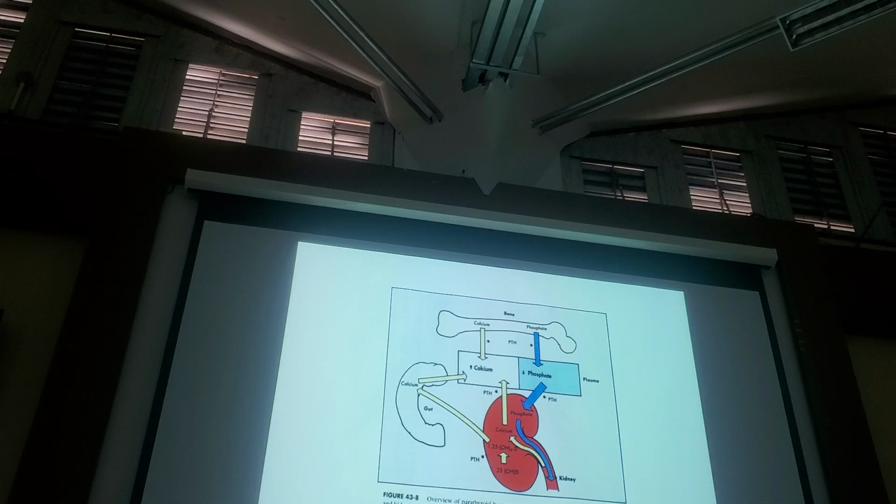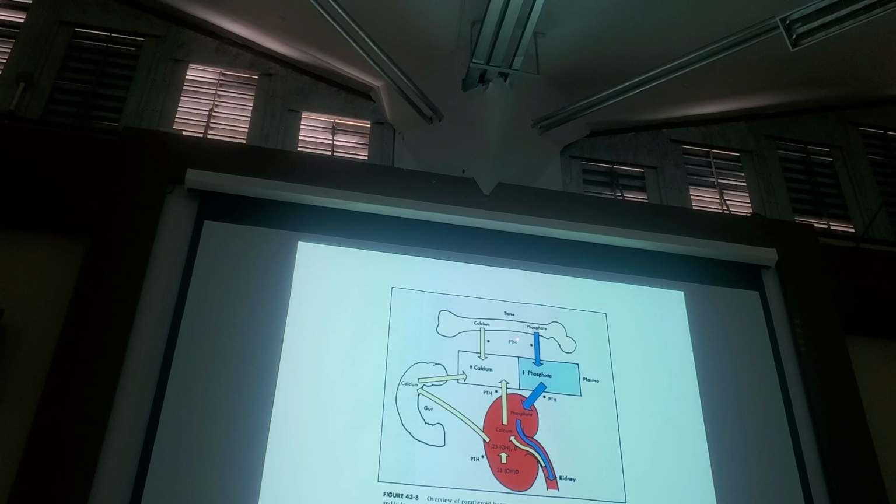Right, now look at this. This is what we need to point out and get. When there is action of PTH on the bone, it increases osteoclastic activity, right? Following that increased osteoclastic activity, both calcium and phosphate are released from bone because both of them are found in the bone.